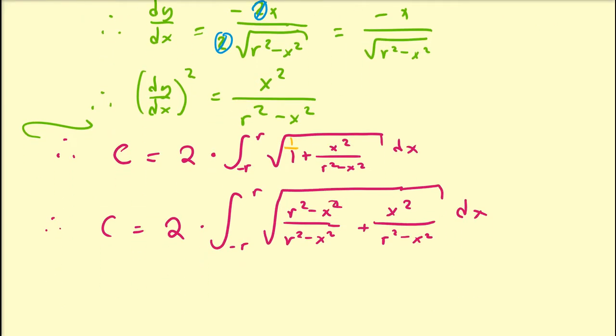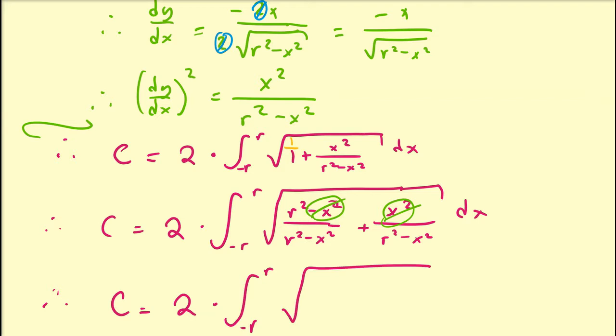And as you see here, once we combine like terms, this minus x squared and x squared are going to cancel each other out directly. And we're just going to be left with c is equal to 2 times the integral from minus r to r of the square root of r squared divided by r squared minus x squared dx.